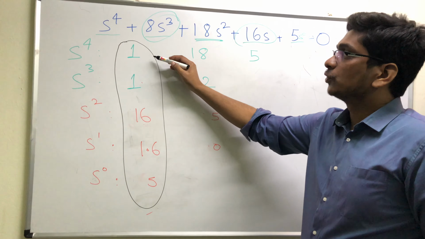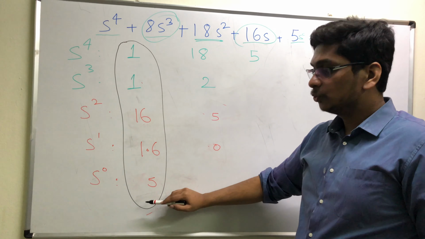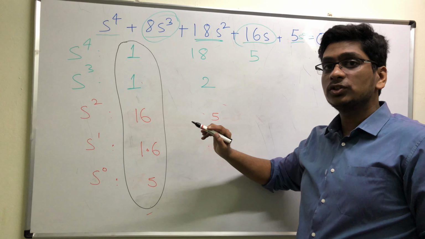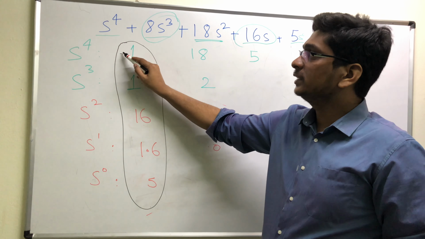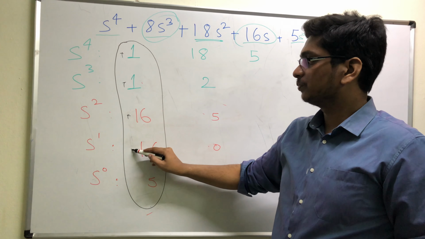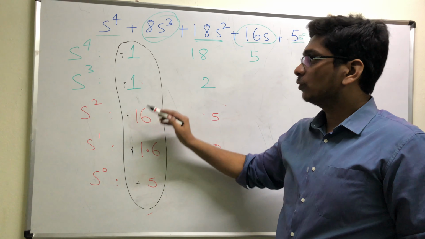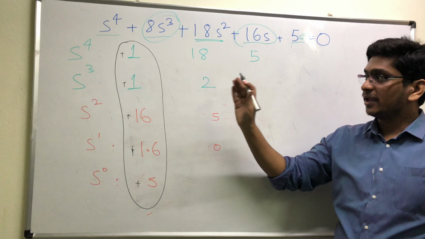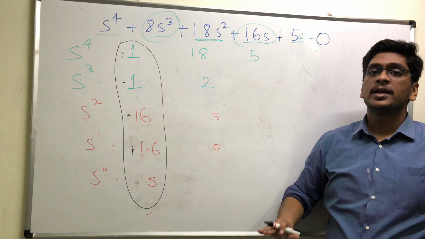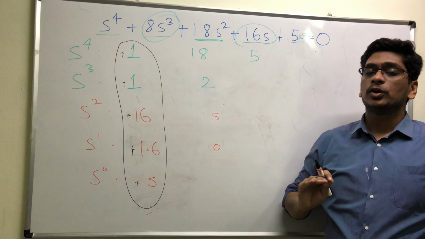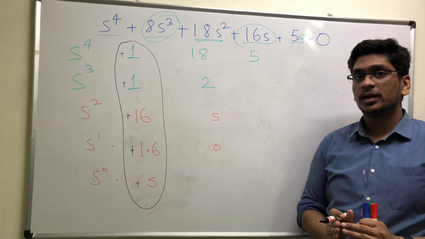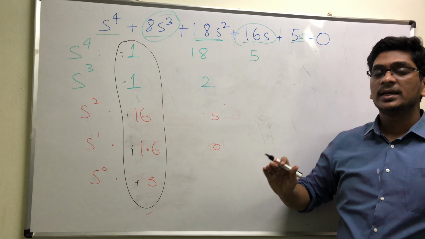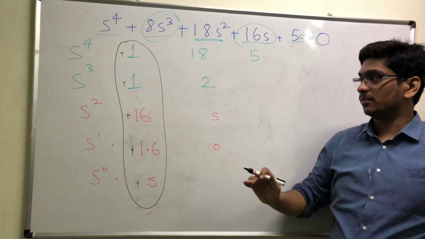From the first element to the last, do you see anywhere a change of sign? All these are positive, right? So from top to bottom, there is absolutely no change of sign. Every element is positive, which means there are no roots lying on the positive half of the S-plane, okay, which means that the system is stable.